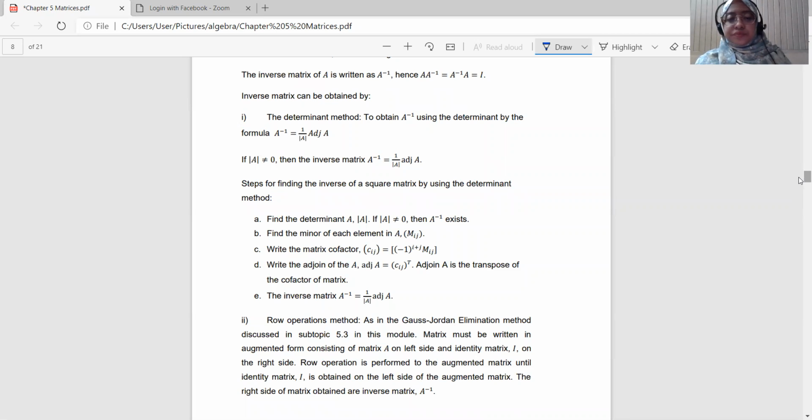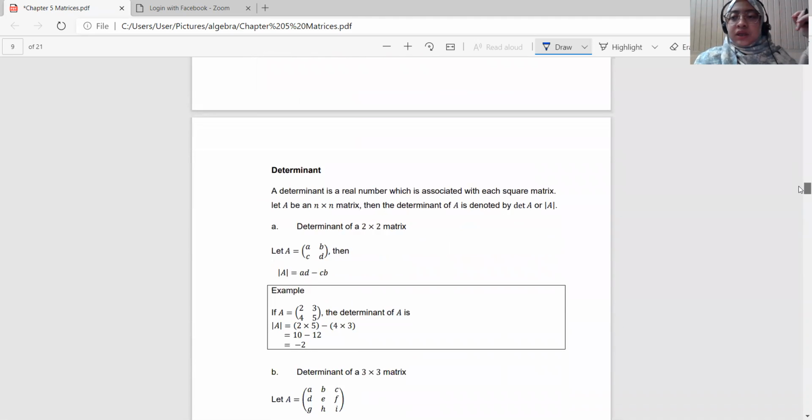Alright, another method is using row operations or the Gauss-Jordan elimination method. That is another topic, but first you have to focus on how to use the determinant method. So how to find the determinant? When we use a 2 by 2 matrix, we know that the determinant value is AD minus BC.